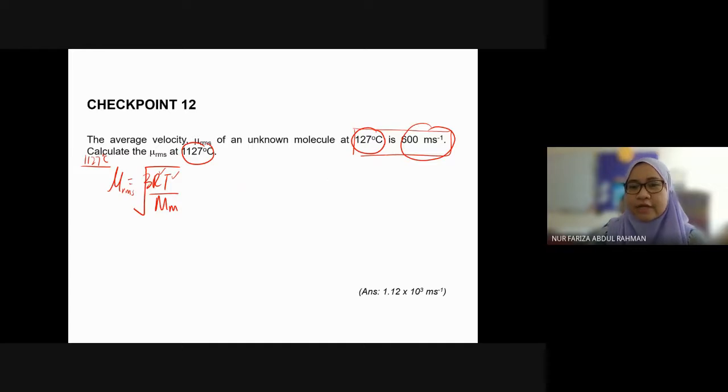So meaning that we can calculate the molar mass by using the mu RMS of this temperature. So mu RMS, this is at 127 degrees Celsius, by using the same formula, square root of 3RT over molar mass.